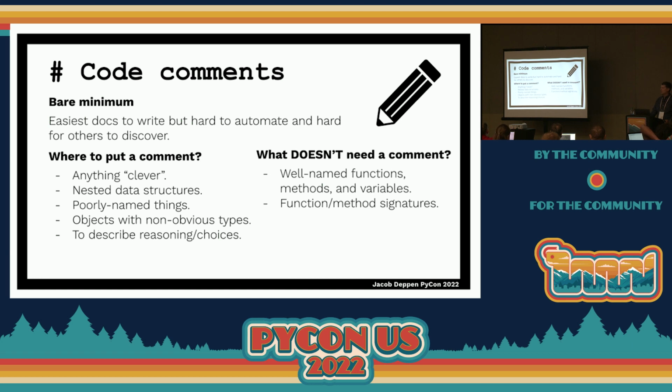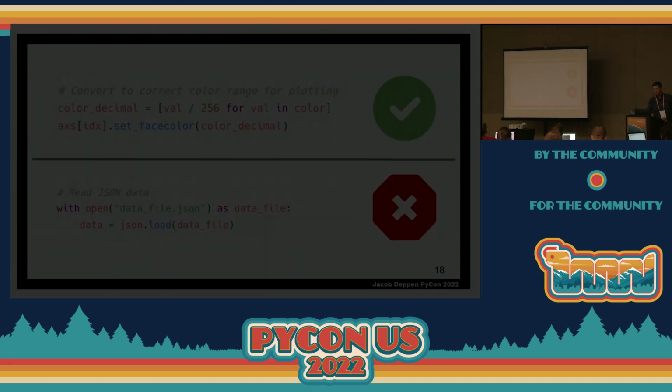And I've seen folks, especially folks who are newer to Python, try to add comments between functions and just kind of all over the place. You can stick that kind of stuff in docstrings, and we'll get to those later. So things like a function signature can be documented in a docstring, doesn't need to be in code comments.